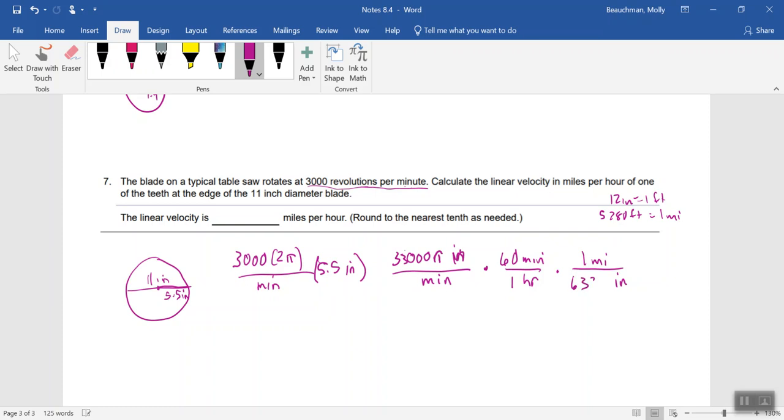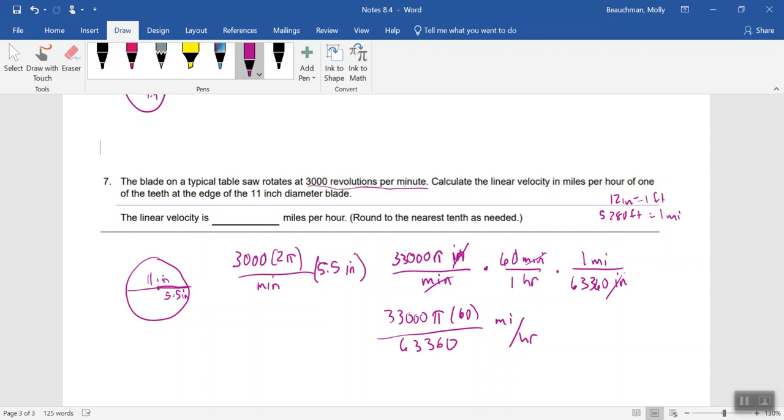So now for my conversion, I'm multiplying 33,000 times pi times 60. Minutes cancel, inches cancel, and I'm going to be left with miles per hour. So I take 33,000 times pi times 60 and then divide that answer by 63,360 and I'll be left with miles per hour.